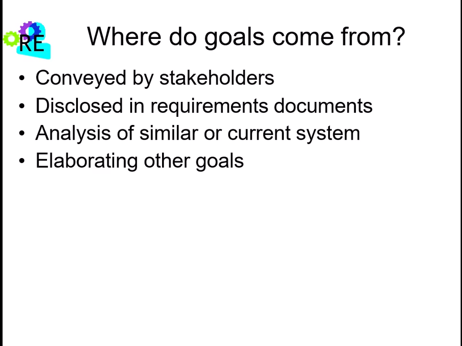Analysis of similar concurrent systems: we can collect goals by analyzing similar systems, or by elaborating other goals. If we explore some goals, we can find other goals from already existing goals.